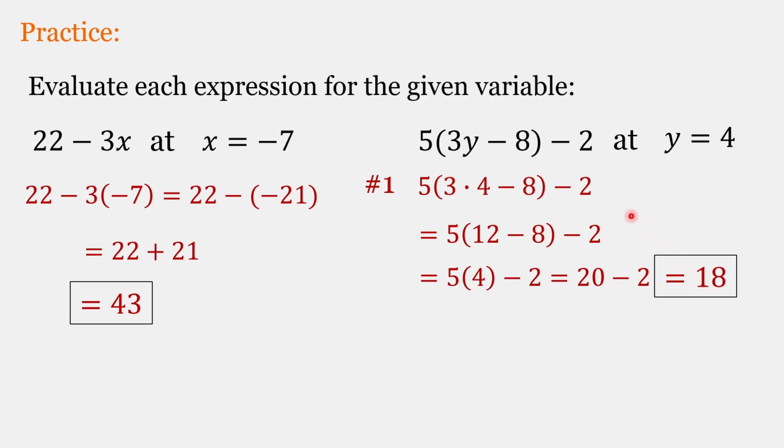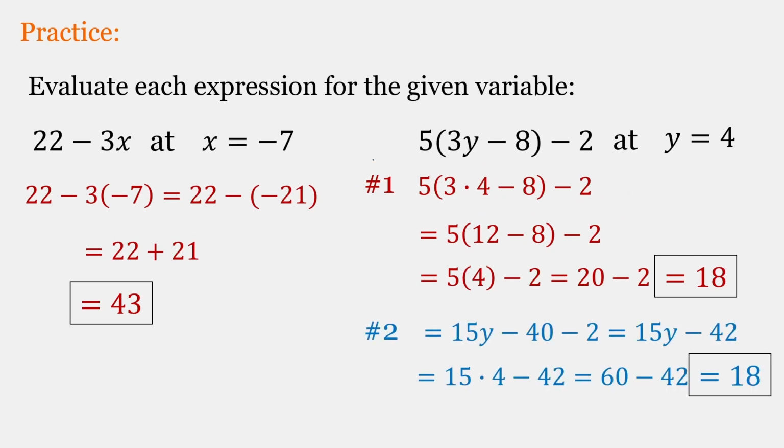With this method, we replace the variable with a value first. A second way of evaluating this expression for the given value of y is to first distribute the 5 to the expression 3y minus 8. And that gives us 15y minus 40, and then we have the minus 2.